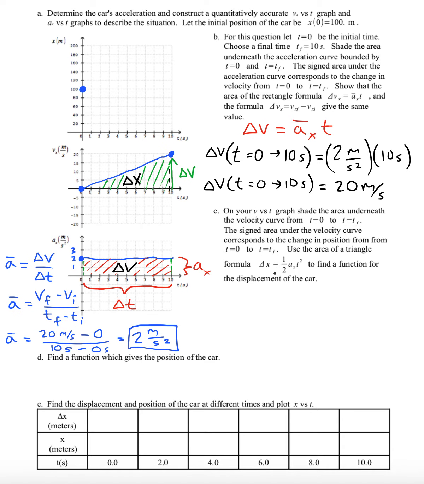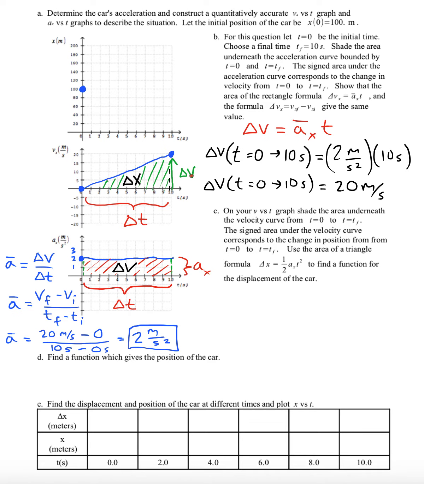So normally area of a triangle would be 1/2 base times height. But what is the base here? It's delta t, or elapsed time. And then our delta v is simply at.